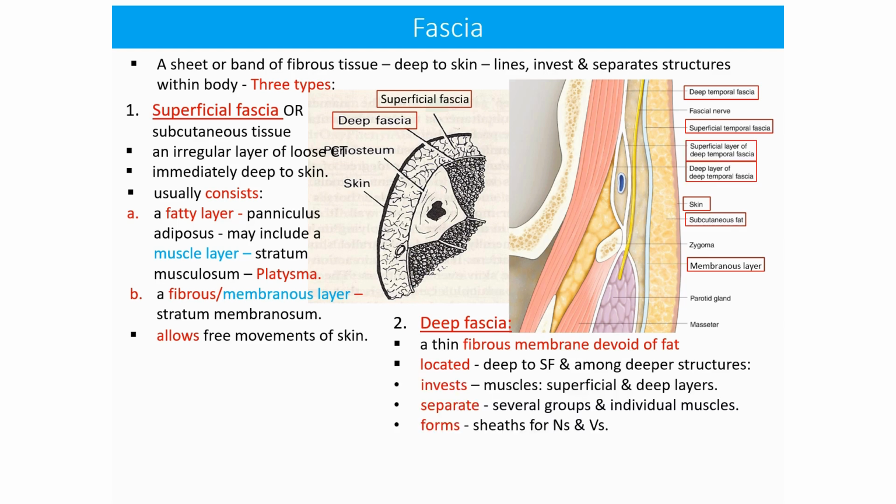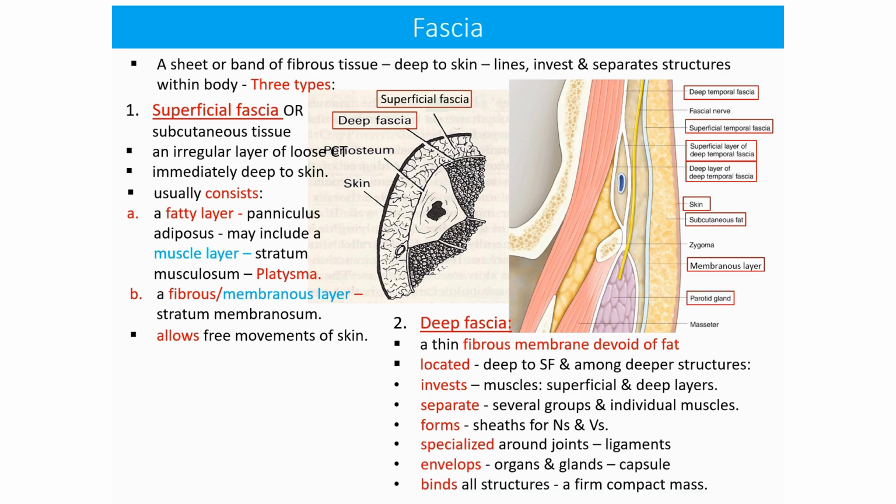There it invests muscles. When it invests muscle, it is divided into superficial and deeper layers. It also separates several groups of muscles and individual muscles. It also forms sheaths for the neurovascular bundles.